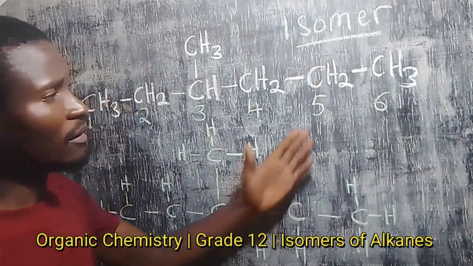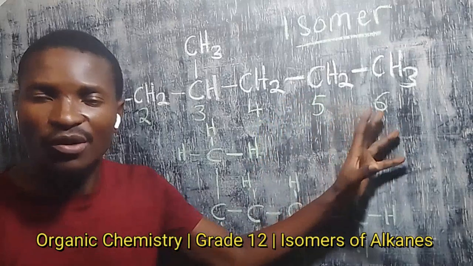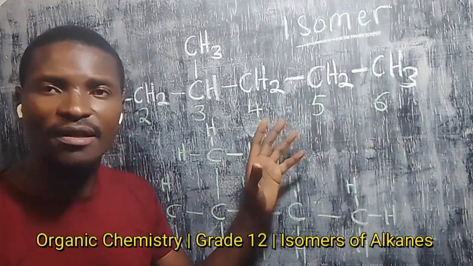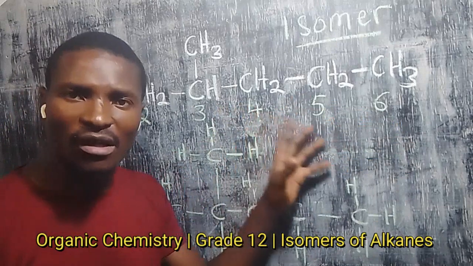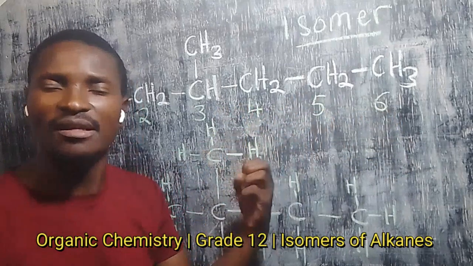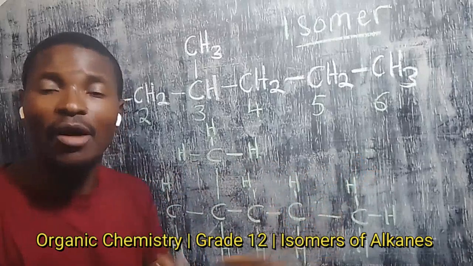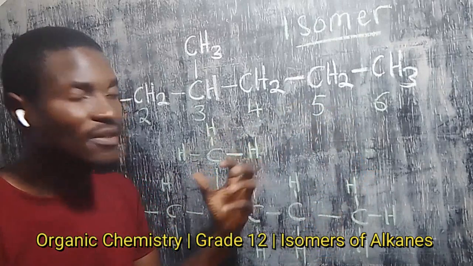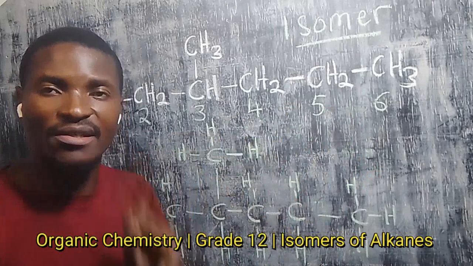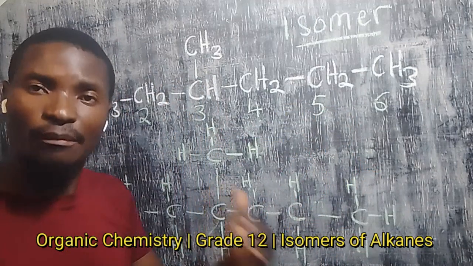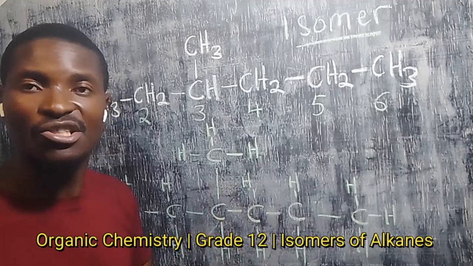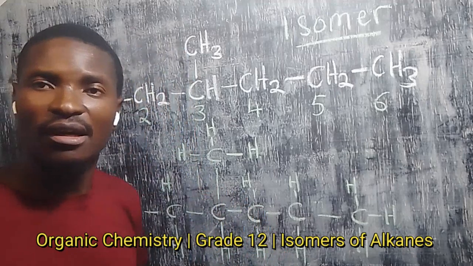Now, this is not the only way you can do the numbering, because you don't want to make a mistake. So we also want to do the opposite numbering, so that we compare which of the two numberings will give us the shortest position at which carbon the branching has occurred.